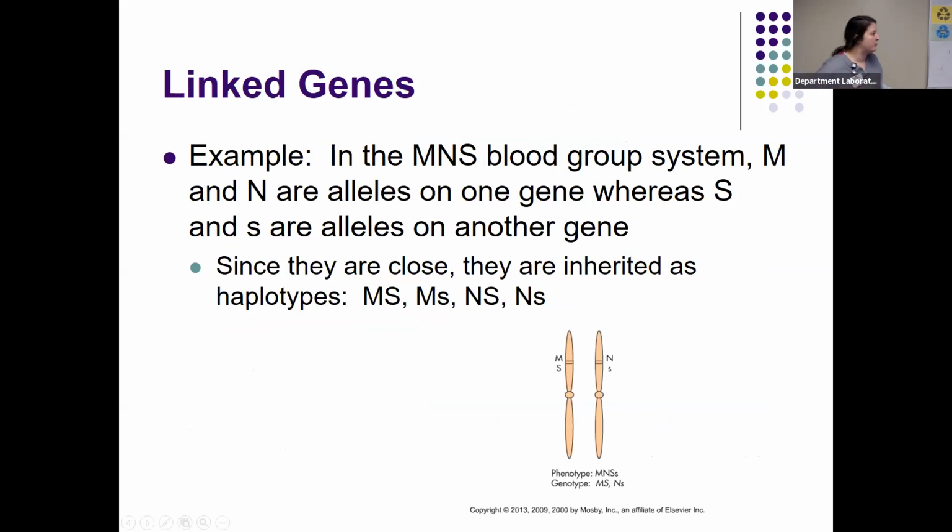On 2 separate alleles, and as we start talking about homozygous versus heterozygous, notice that your M and N are always going to be inherited together, and your big S and little s will always be inherited together. They're located very close together, so typically crossover is not a concern for them either. They're always going to be inherited as a haplotype. So the M, N, and S are included in the same family because of their location on the chromosome.